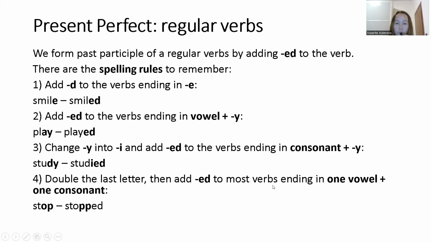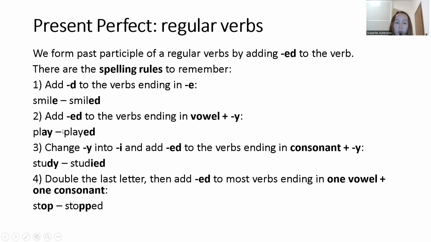Well, we have regular and irregular verbs. In present perfect, we form the past participle of regular verbs by adding ed to the verb. So there are spelling rules to remember. Mostly we add d to the verbs ending in e. For example, smile, smiled.